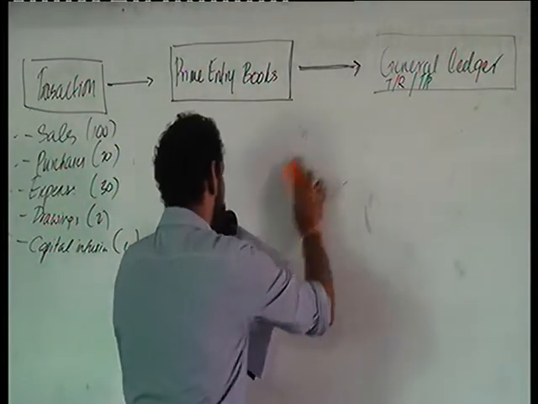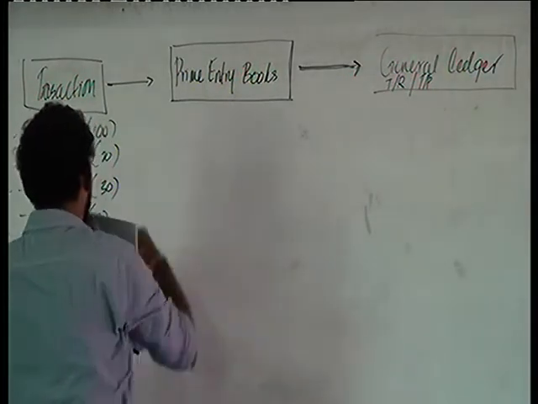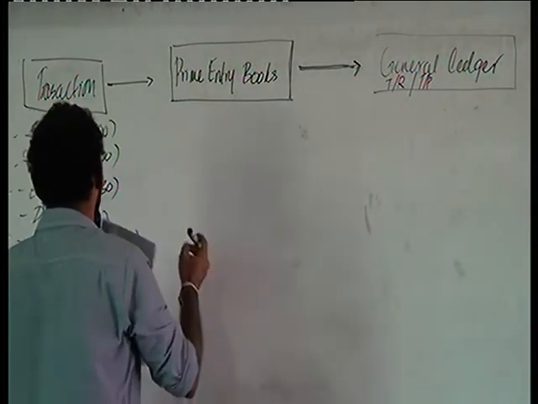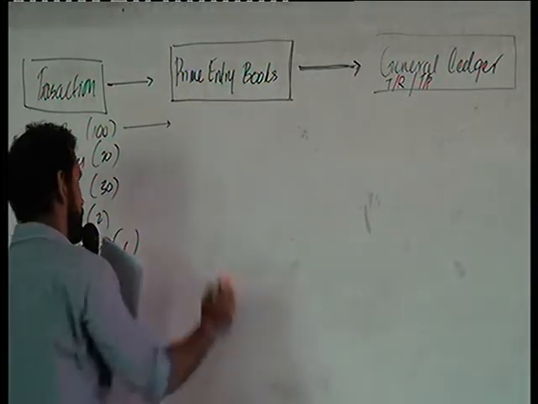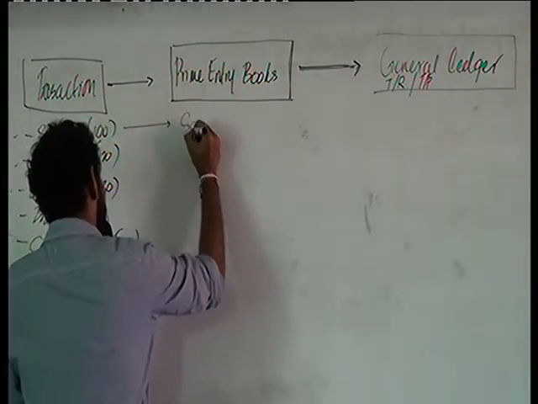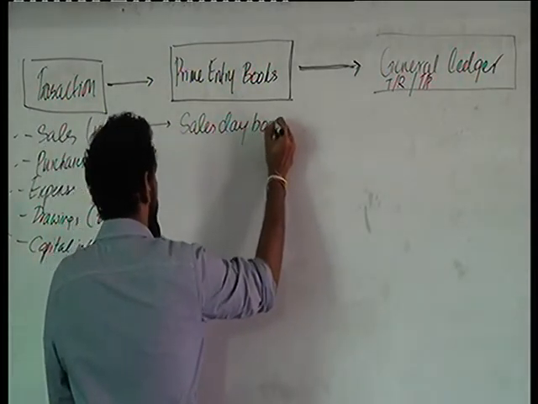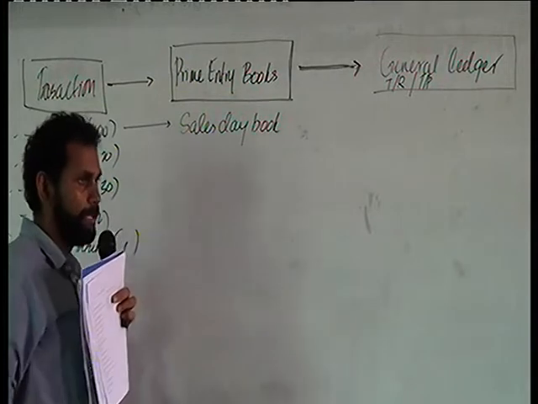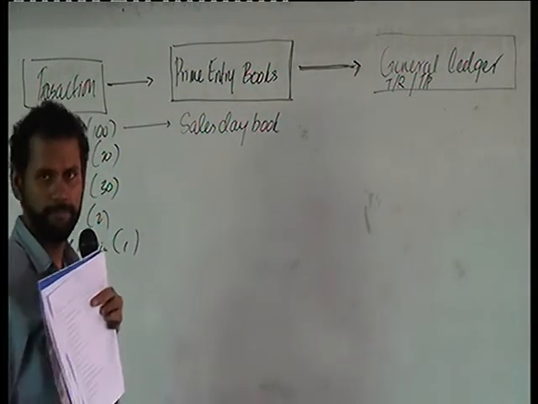In prime entry books, you take all the transactions. For example, if it's sales, you take all the sales transactions and record them in the sales day book. The prime entry book related to sales we call the sales day book.